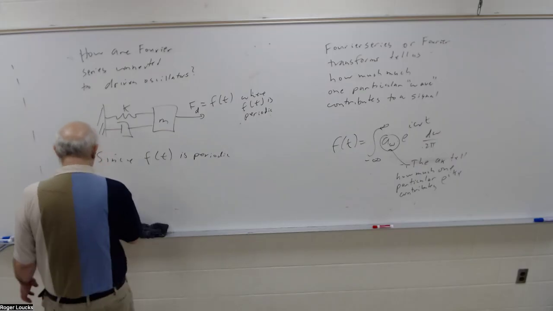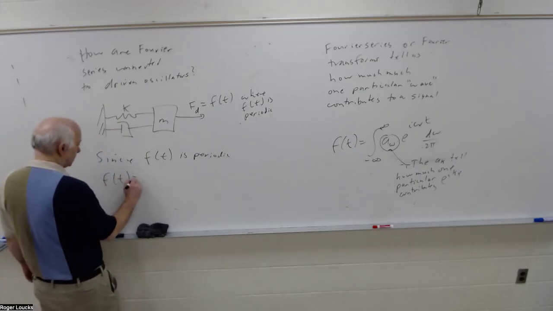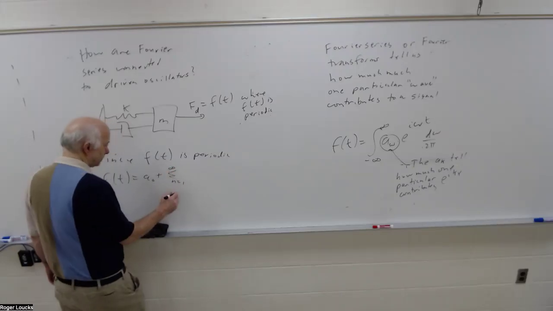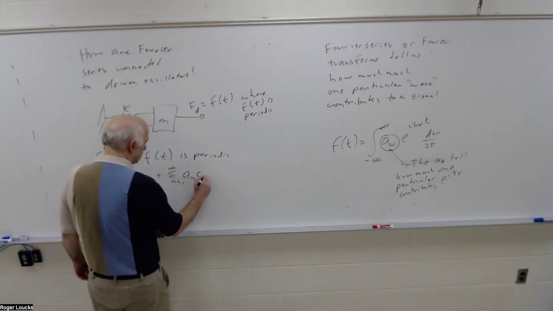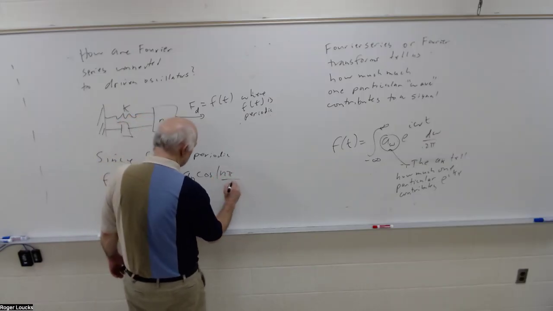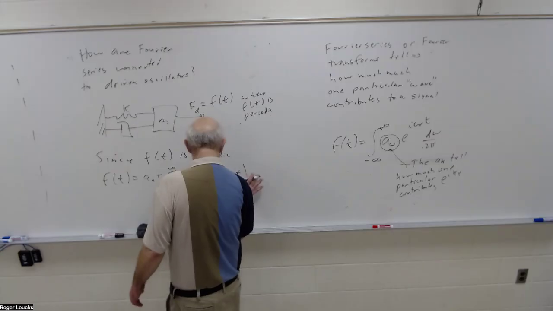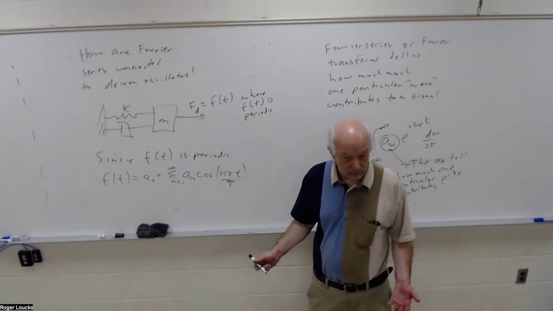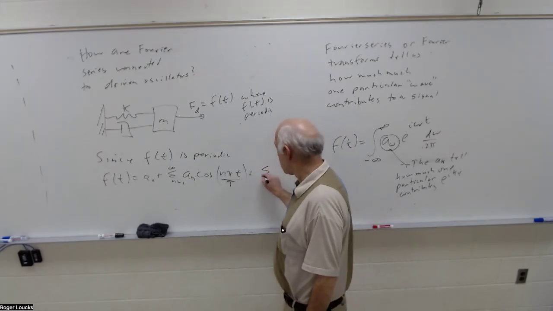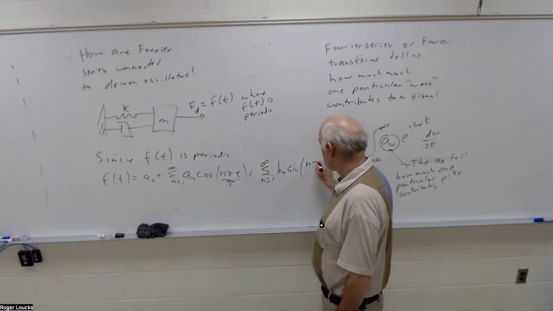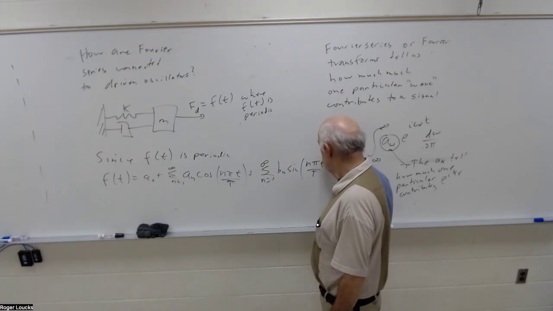I can say this f of t is going to be a naught plus a sum on n going from 1 to infinity of a n cosine n pi t over T. So I'm putting a time here, but it's the same idea. Plus a sum on n going from 1 to infinity of b n sine n pi t over T.